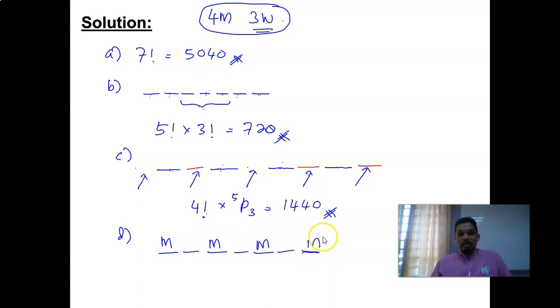Alternate places means man, woman, man, woman, man, woman, man. Among these men, they may also change position among themselves, so 4 factorial. And for women, there are 3 of them, and these 3 women may also change seats among themselves, so we get 3 factorial. Then it is equal to 144.